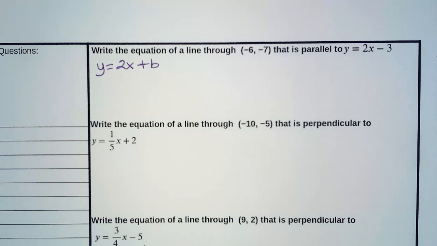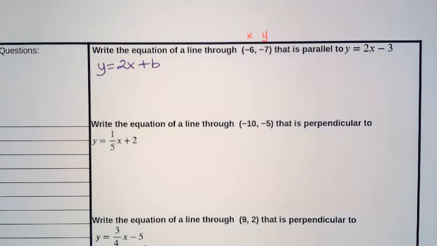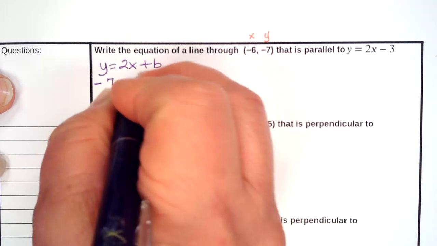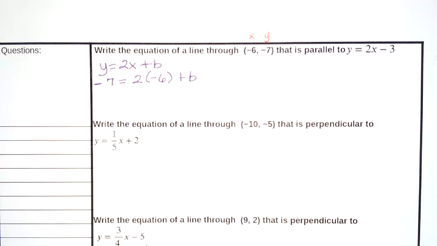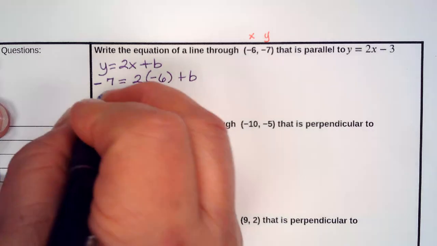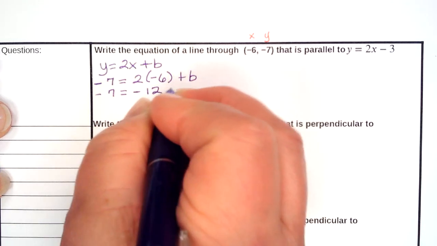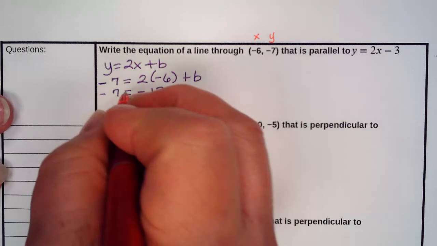I have an x and a y I can substitute in. Negative 7 is equal to 2 times negative 6 plus b. Solve. Negative 7 is equal to negative 12 plus b. Add 12 to both sides.